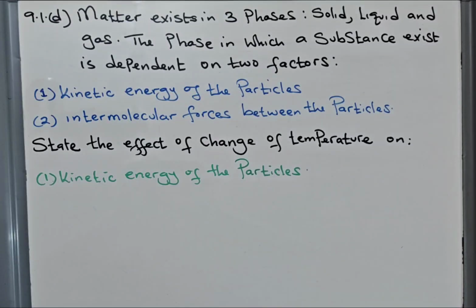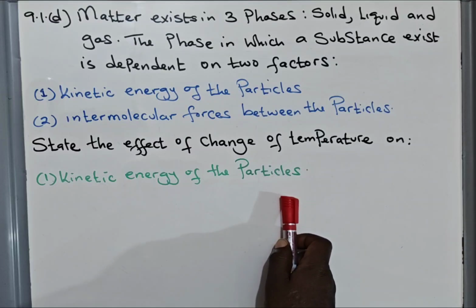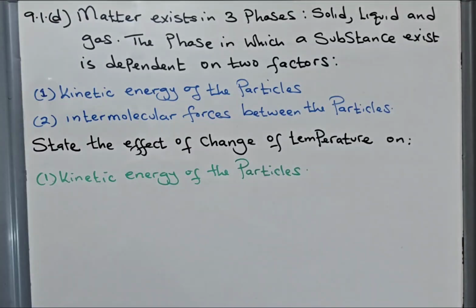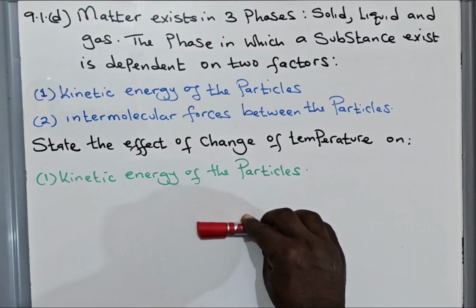So what happens to the kinetic energy of the particles when temperature changes? When temperature increases, the kinetic energy of the particles increases. The particles move faster. And when temperature decreases, the kinetic energy of the particles decreases too.